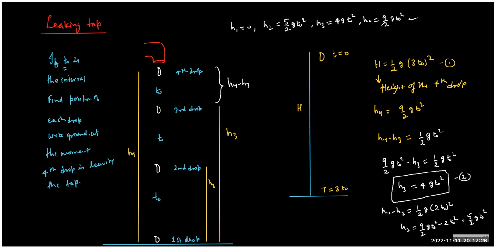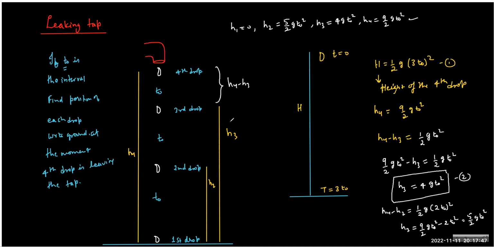No. The thing is, the time we measure from the top, right? So H3 is T naught below here, isn't it? H3 is traveling only for T naught time.